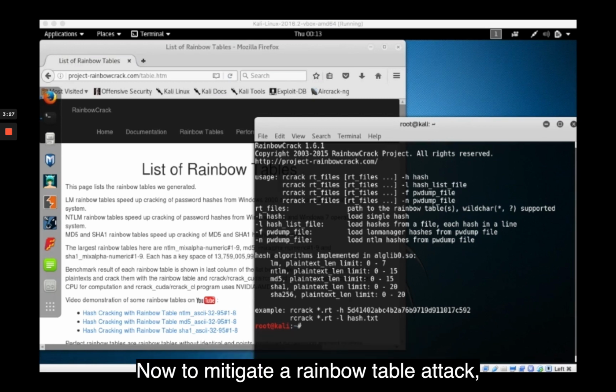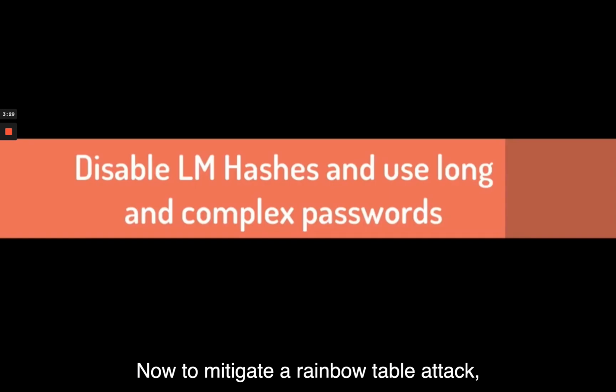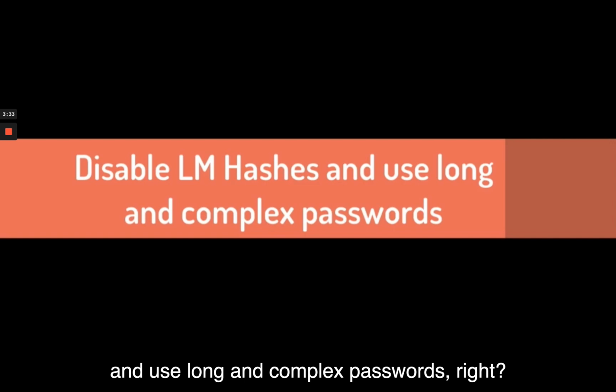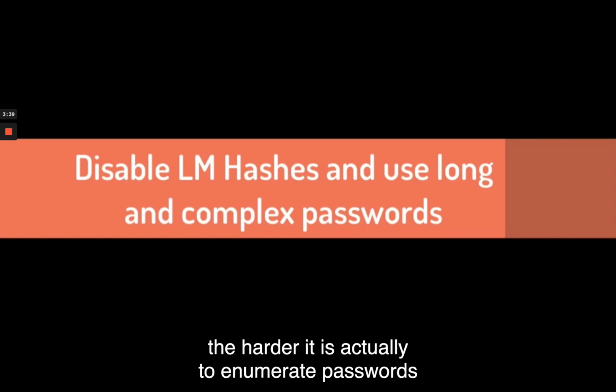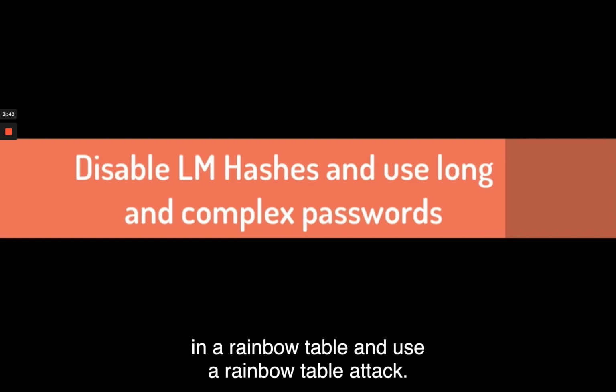To mitigate a rainbow table attack, you can disable LM hashes and use long and complex passwords. The longer and the more complex the password is, the harder it is to enumerate passwords in a rainbow table and use a rainbow table attack.